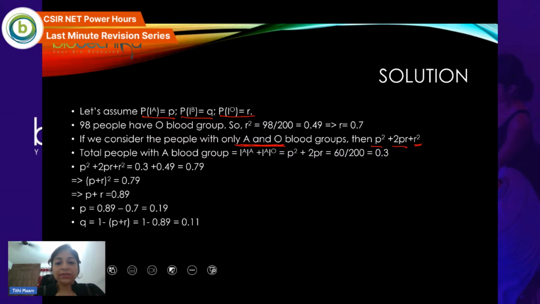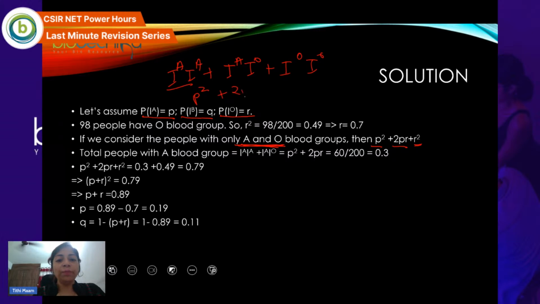Okay. So basically, if you are considering A and O blood group, what all genotypes are you considering? IAIA, IAIO, and IOIO, right? So what will be the frequency of IAIA? That is P square according to our assumption.